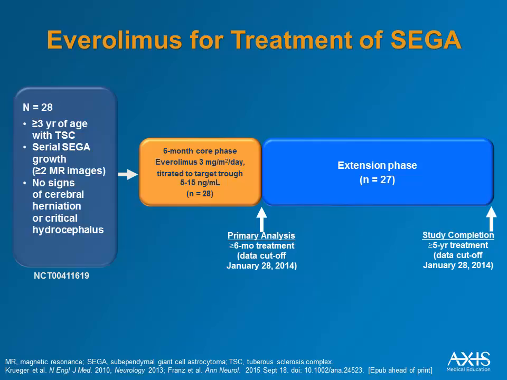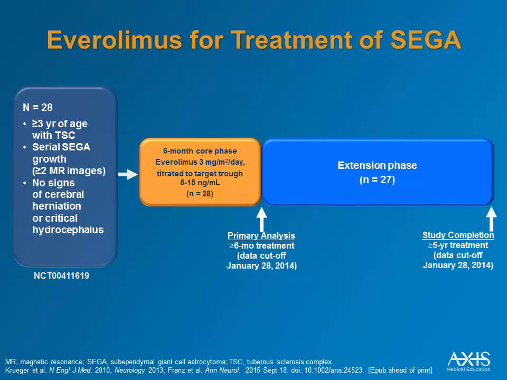And then again have a discussion of how these fit in with the clinical recommendations by the 2012 TSC consensus group, as well as how their role fits in with the context of surgical resection of SEGA. So the first trial I'm going to talk about is a phase 1, phase 2 open label clinical trial in which 28 patients were treated with everolimus, and their initial response was evaluated after 6 months, and then treatment was continued for an additional 5 years.